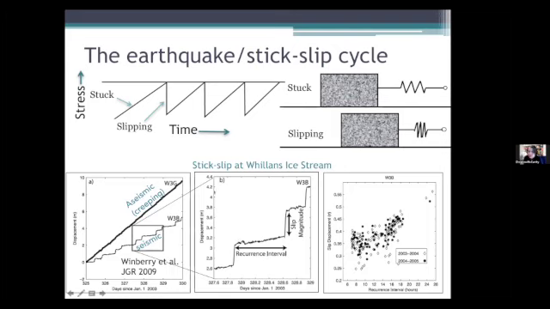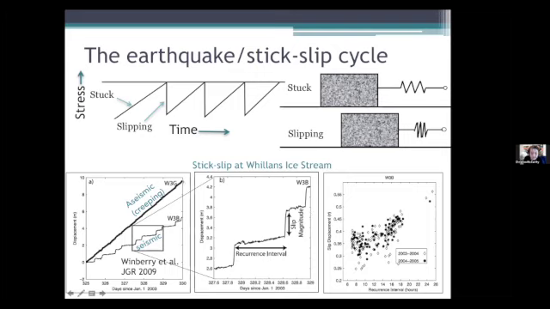And so we were motivated to use this kind of stick slip analysis because there is at least one ice stream in Antarctica, Whillans Ice Stream, that part of it is exhibiting this kind of behavior. Now the sliding portion, I think, occurs over about a half hour. So one could say that it's more like a slow slip event, but still it's having this behavior at one part.